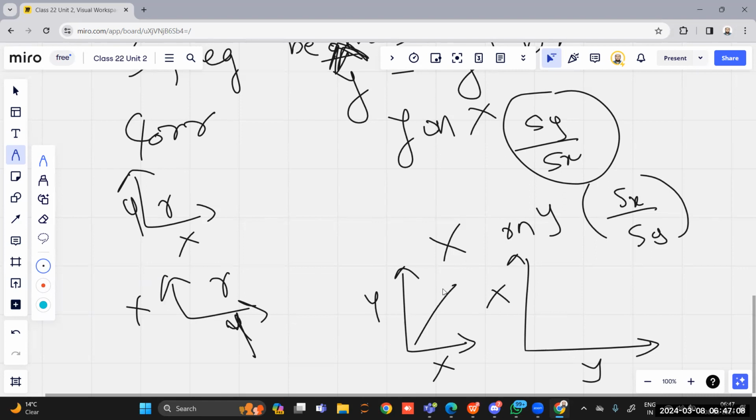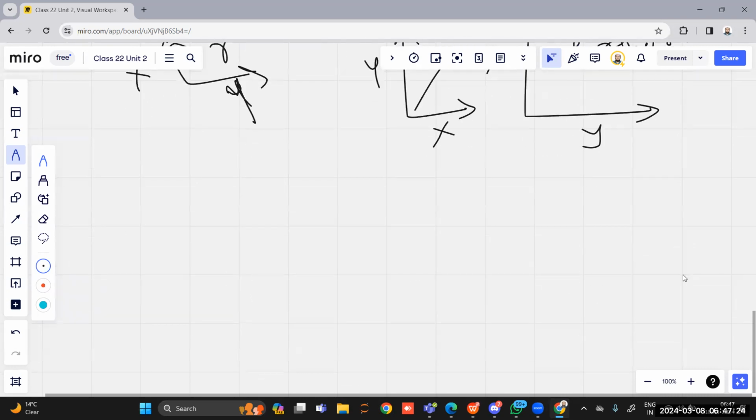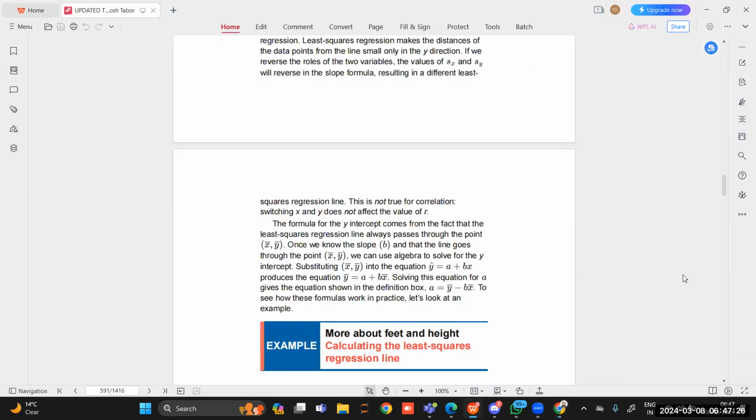I have rotated it. I cannot visualize it here, but I'll show you an example further in Python. So just remember that if we change y on x or x on y, things generally change in the regression line.